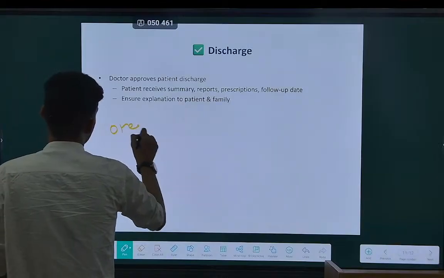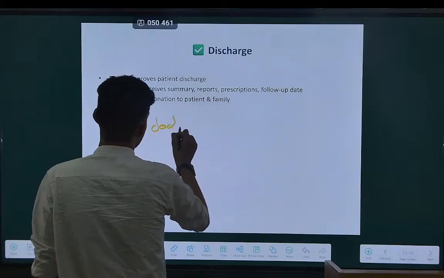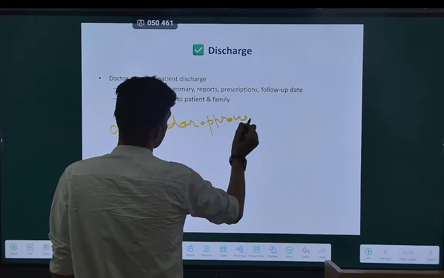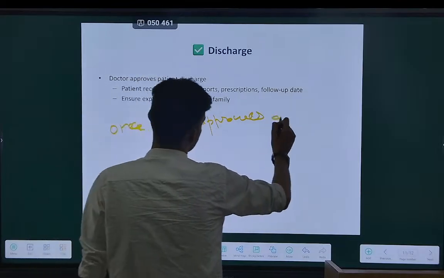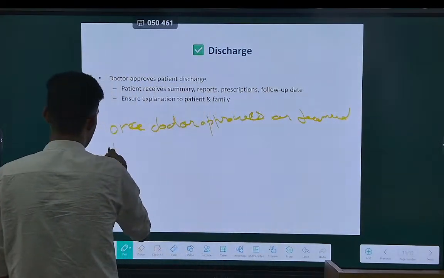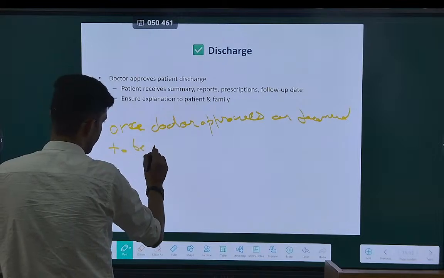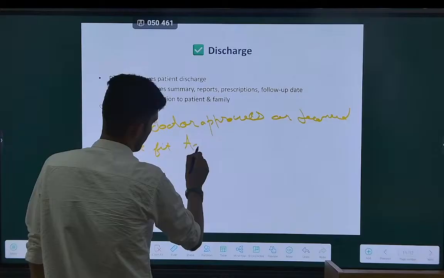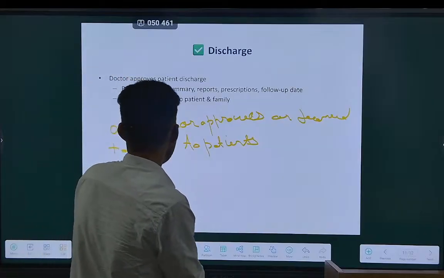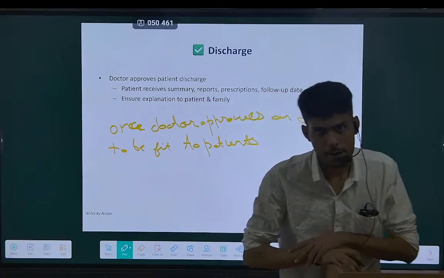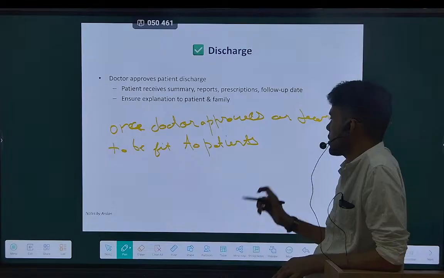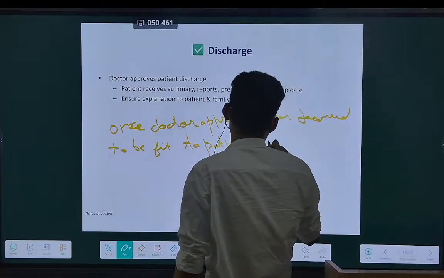Once the doctor approves, or deems the patient to be fit. जब डॉक्टर अप्रूव कर देता है कि हाँ पेशेंट जो है अब ठीक है, he does not need more treatment or he can take a treatment from home.